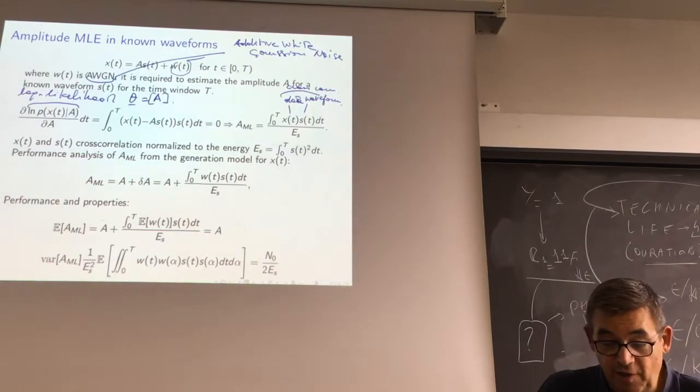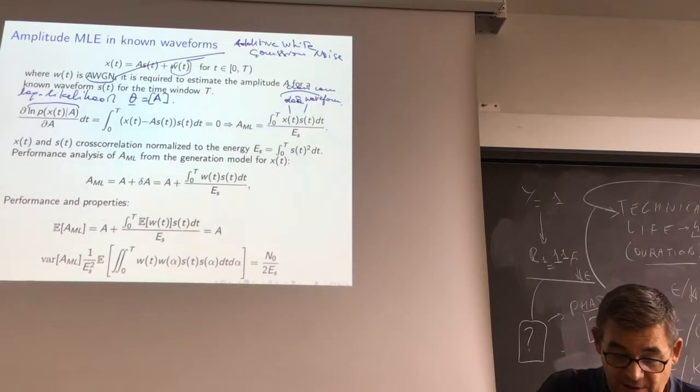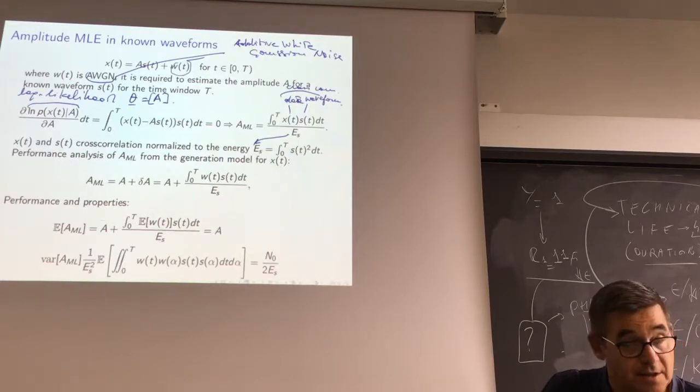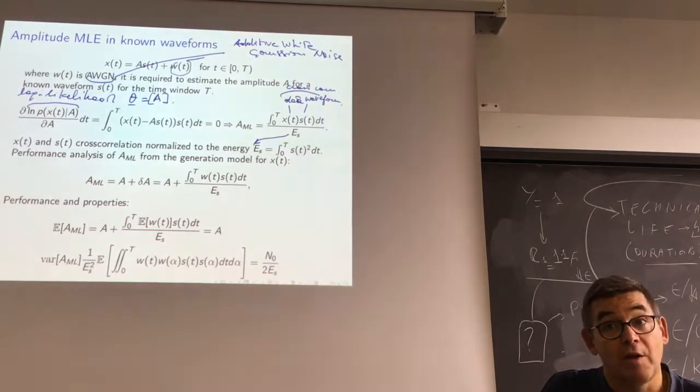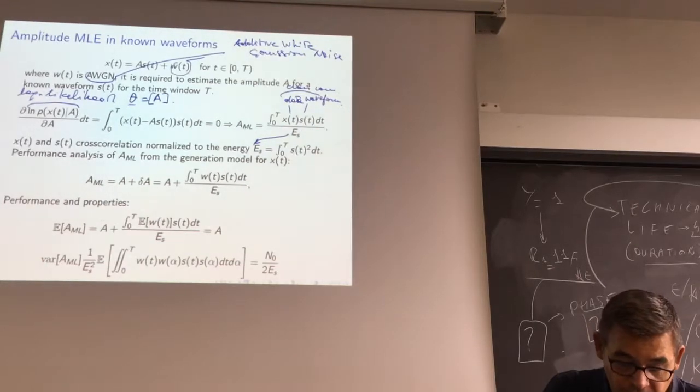Divided by something that is the energy of the signal. It comes from the analysis, but in a synthetic way it's just indicated that way. So it's the energy of the waveform, and the energy of the waveform is something that we know. So nice.